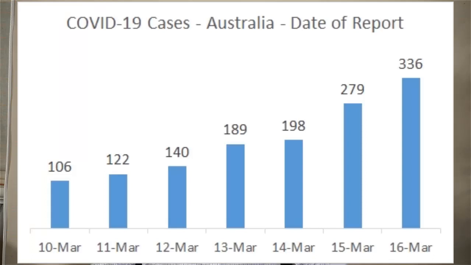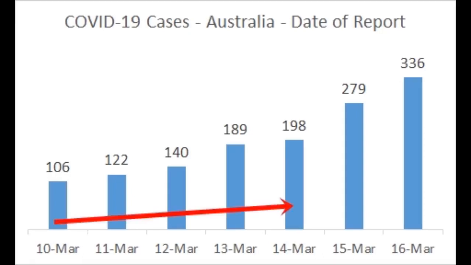If we look at this graph, we can see that from the 10th of March through to the 16th of March, we've gone from 106 to 336 cases. If you look closely at these numbers, you can see that it's taken about 4 days on average to double. You can see that from the 10th of March to the 14th of March, it's almost doubled.